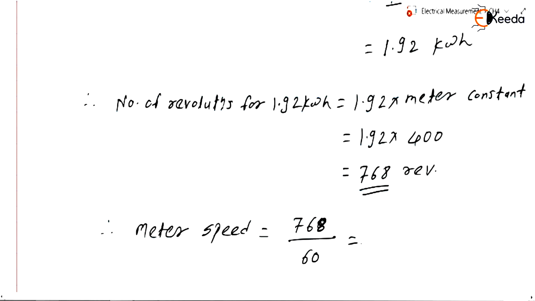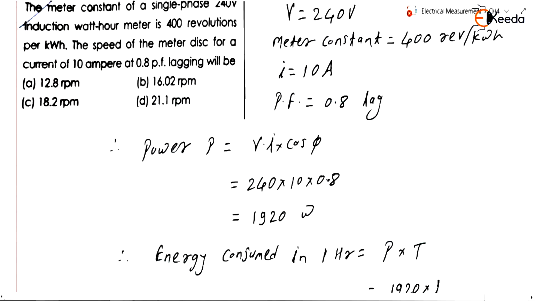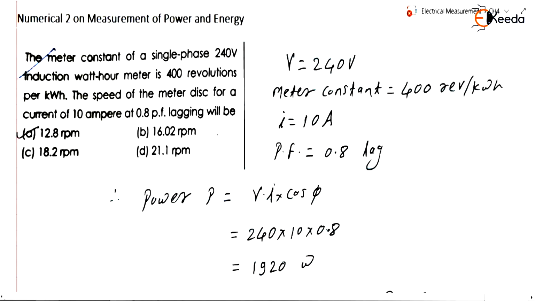So divide by 60. 768 divided by 60 is 12.8 revolutions per minute. So in 1 hour it is completing 768 revolutions, therefore per minute it will be 768 by 60, so 12.8 rpm. If you check the options, the correct option is option A. This is about the numerical number 2.